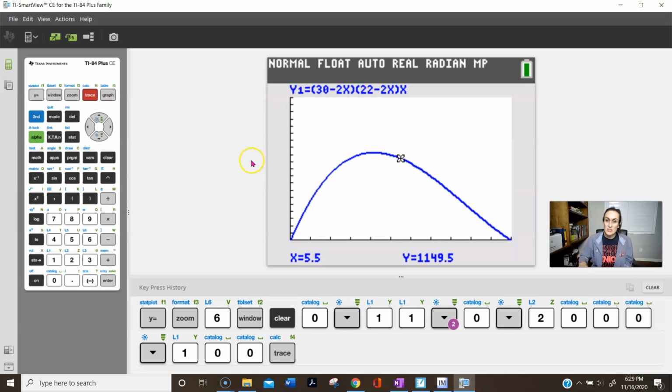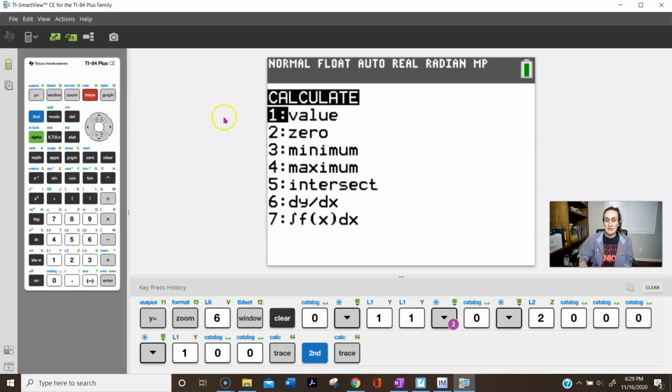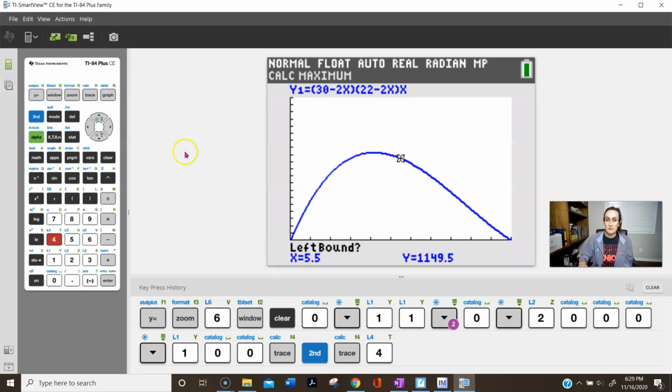So if I wanted to know what's the most I can fit in that box, like what's my maximum volume, then I could simply do second trace, which is calculate. I could trace the maximum, which is number 4.